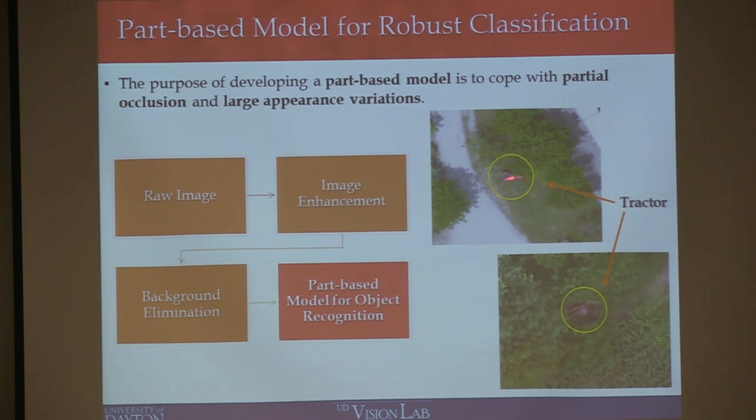So the next part is, once we have the regions located, we need to find out whether that region makes any sense in terms of the presence of an object or not. So we went for a patch-based model, because when there is overhanging vegetation covering or occluding an object, there is no point searching for the entire object.